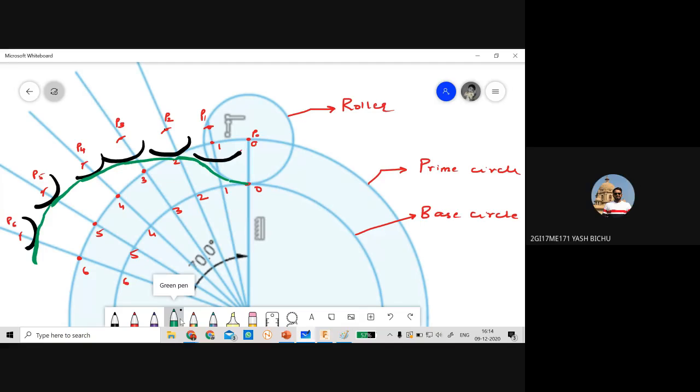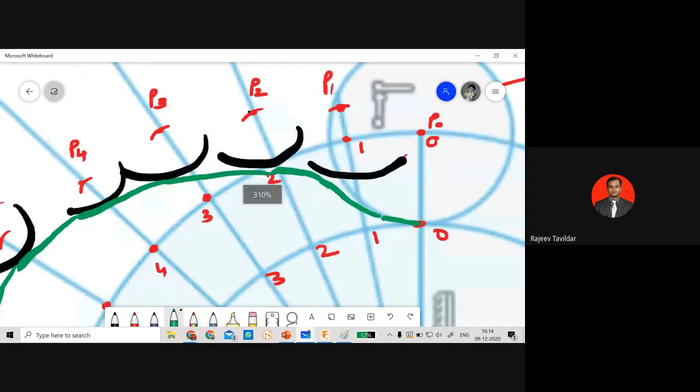Yes, sir. Now, what students generally get confused about, I'll zoom here. What is happening at this third line you can see here? The students think that the green line which I've joined, the smooth line, should touch exactly here, which is not necessary. The green line touching the arcs need not touch them on those extended lines.